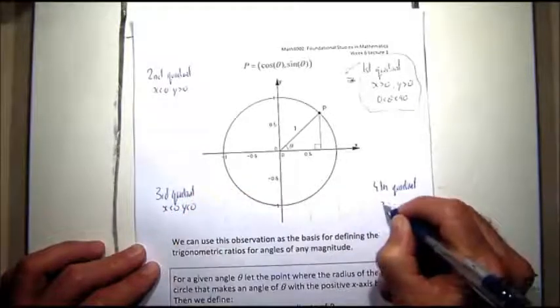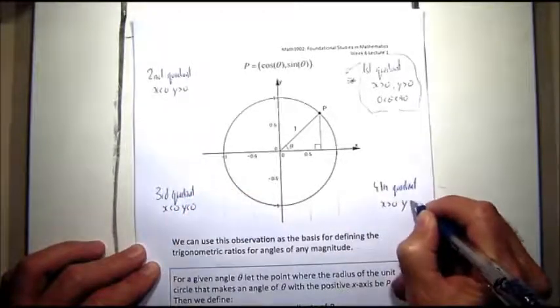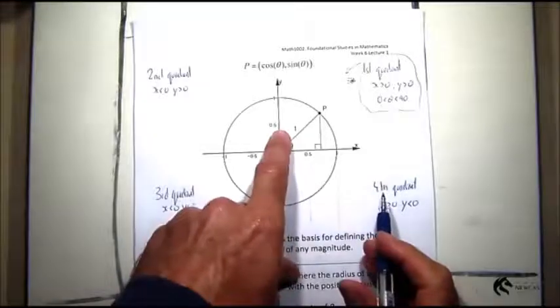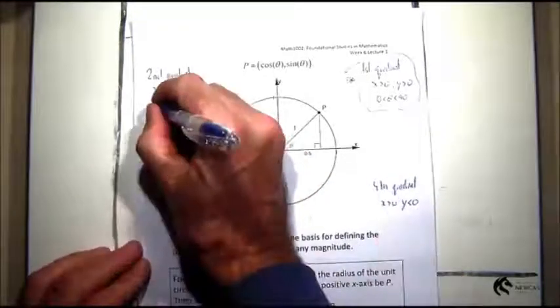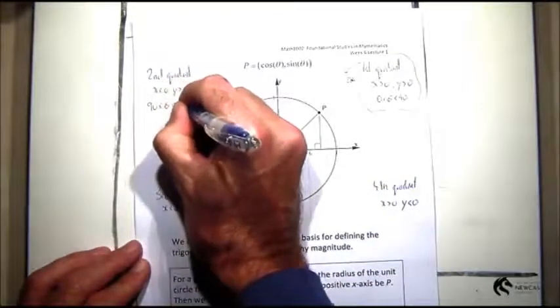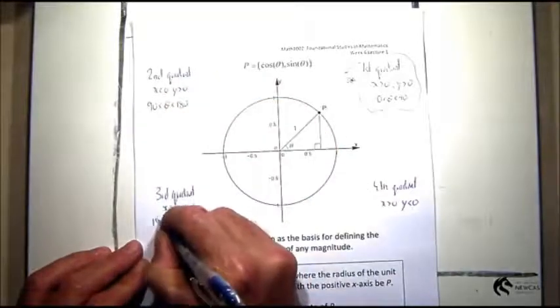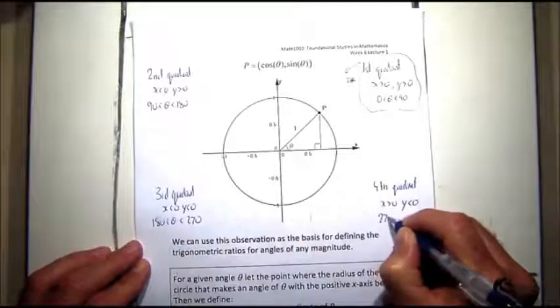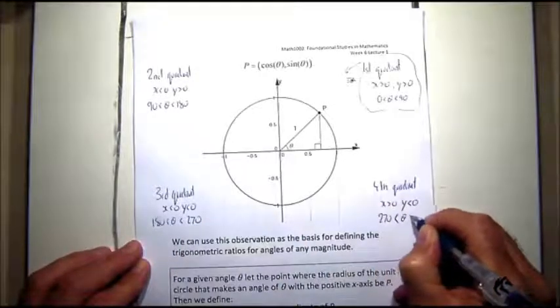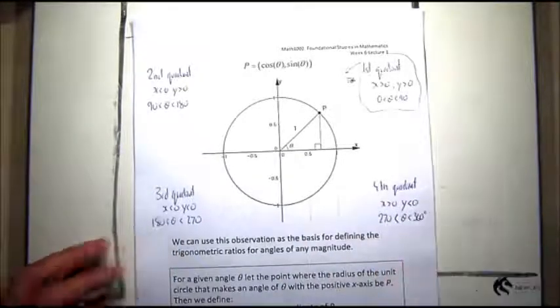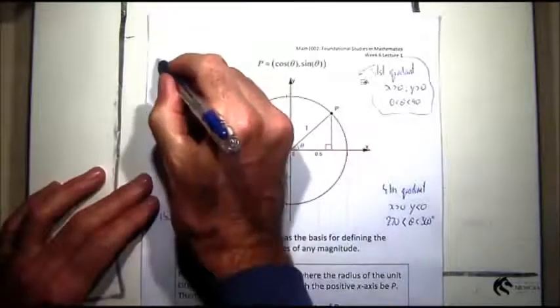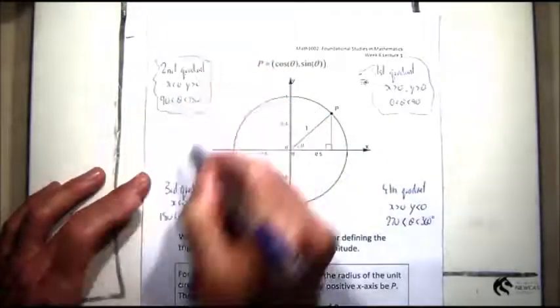And the fourth quadrant has a positive x and a negative y. In terms of angles, the first quadrant goes from 0 to 90, the second from 90 to 180, the third from 180 to 270, and the last quadrant from 270 to 360 degrees. So that's our terminology sitting here.